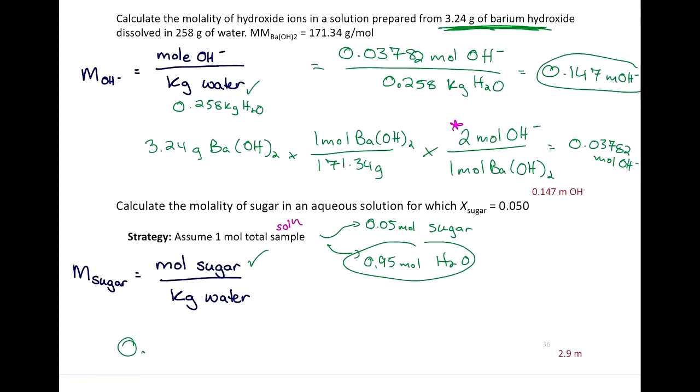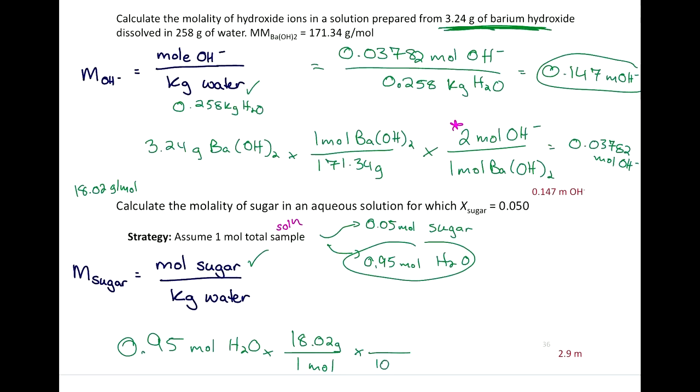So in this theoretical 1 mole of total sample, only 0.95 of that sample is water. All right, and so then we can use the molar mass of water. I didn't give it to you. The molar mass of water is like 18.02. So 1 mole of water is 18 grams.